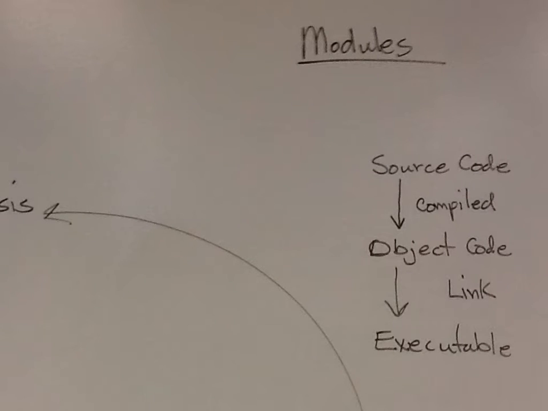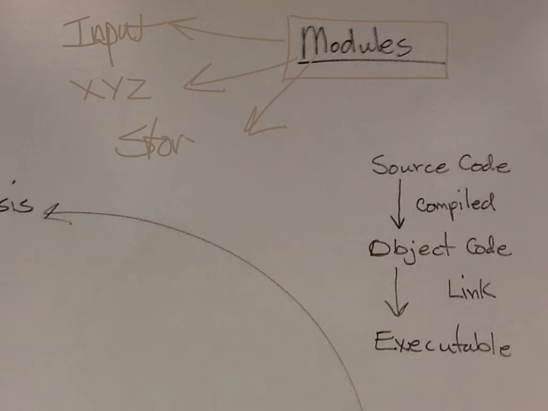Almost done. Software gets too complicated to write huge programs, so we split them into modules. A module just to handle maybe the input of the data, a module to do X, Y, Z, and then another module that maybe stores the results.